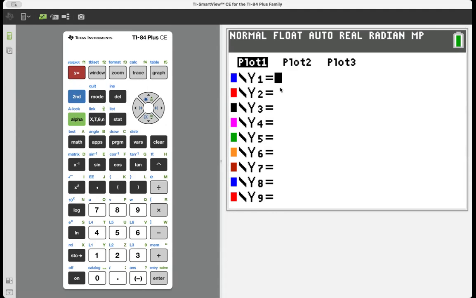Okay, and we're going to put the ax plus b part of the equation right here. So remember that the a was 0.0744. And then we're going to put in the x variable. The x variable is the key that is to the right of alpha. And then we're going to, you know what, let me do this two ways.